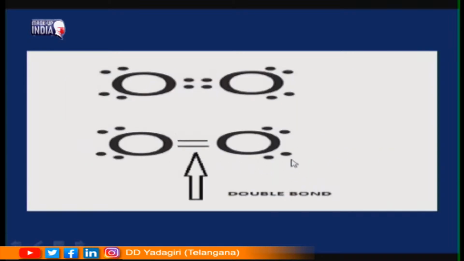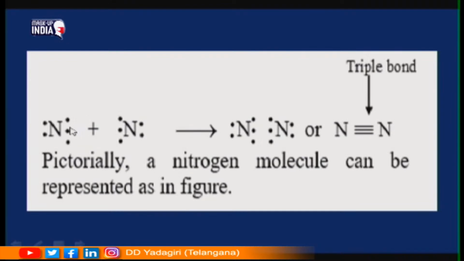Then what about the oxygen molecule, children? You can see between two oxygen atoms, two pairs of electrons are shared. So, a double bond is formed between two oxygen atoms in an oxygen molecule. And in the nitrogen molecule, we have seen between two nitrogen atoms, there are three pairs of electrons shared. So, a triple bond is formed between two nitrogen atoms.